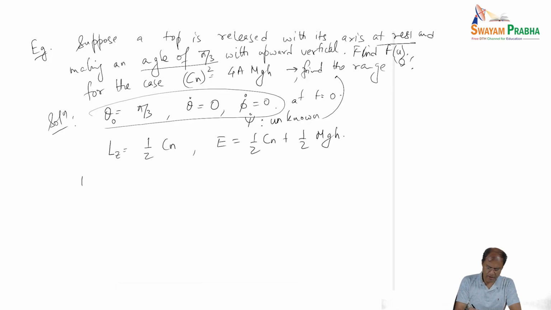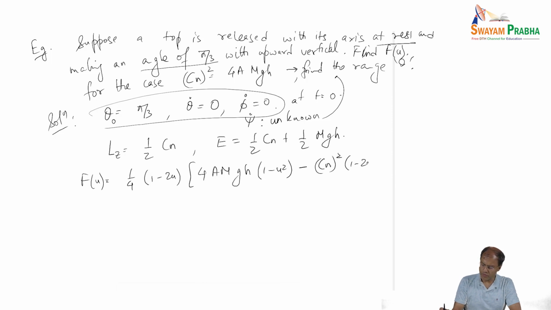And then my f of u is 1/4 times 1 minus 2u, 4amgh, 1 minus u square, minus Cn whole square 1 minus 2u, right?